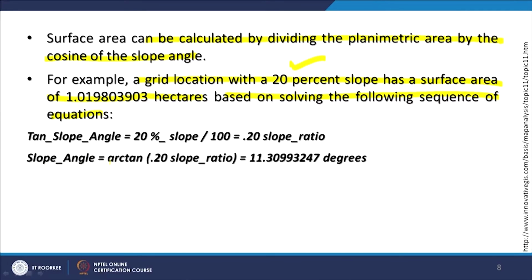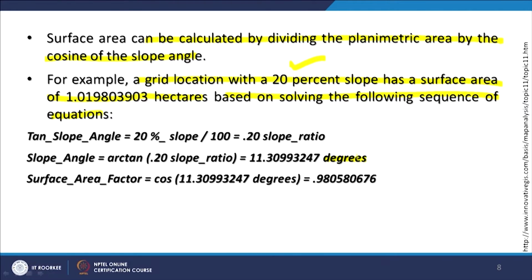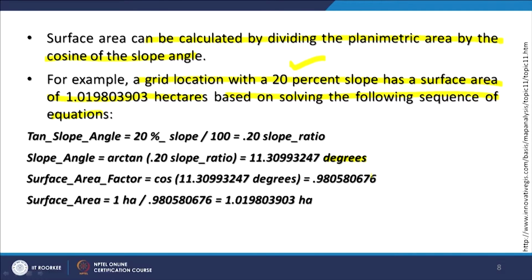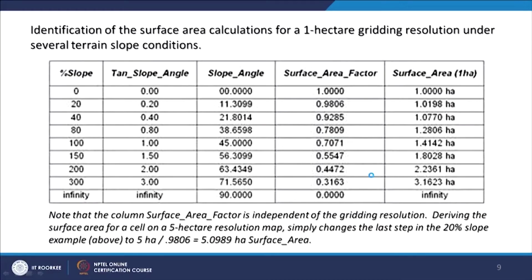So the slope angle is arctan, and this is 11.3099 degrees, and the surface area factor is then multiplied with cos of the degrees. So it becomes 0.980, and ultimately the surface area is equal to about 1 hectare, and so we get this kind of result. So, if we do the calculations for different angles, what happens?